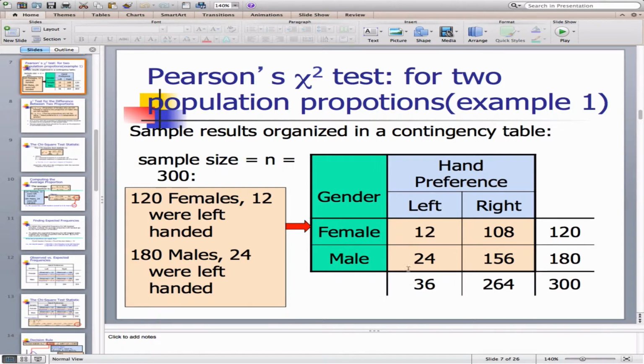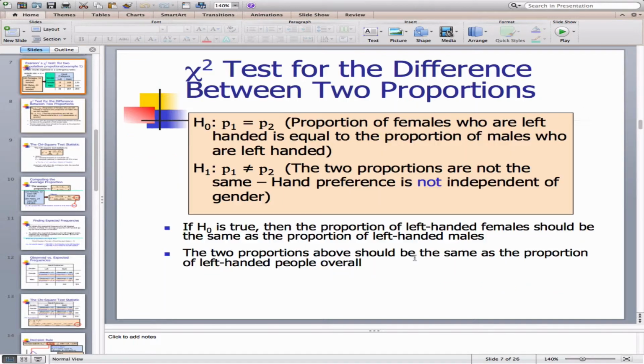So for this column, what is the proportion of the first row? And P2 means for this column, what is the proportion of the second row? Okay? So if they are the same, that means gender really has nothing to do with hand preference.